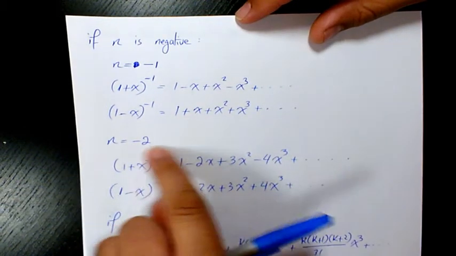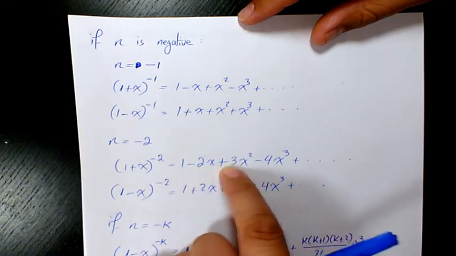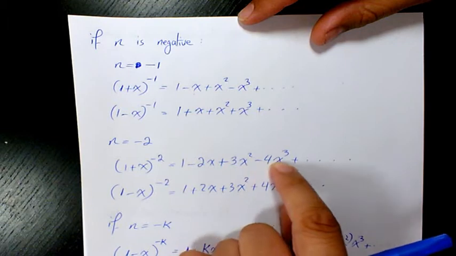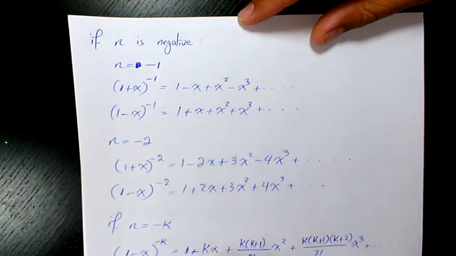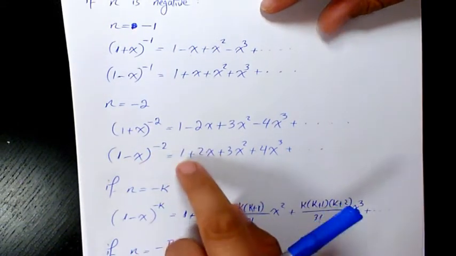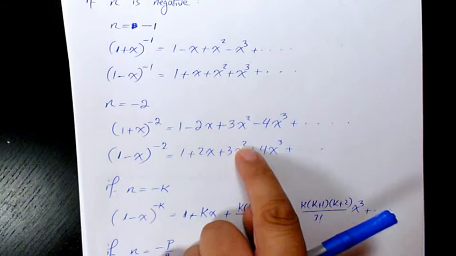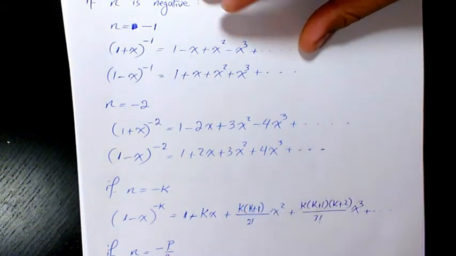If n is negative 2, it's going to be 1 minus 2x plus 3x squared minus 4x cubed. That's the expansion for (1 + x)^(-2). For (1 - x)^(-2) it is going to be 1 plus 2x plus 3x squared plus 4x cubed and all the way for other numbers.